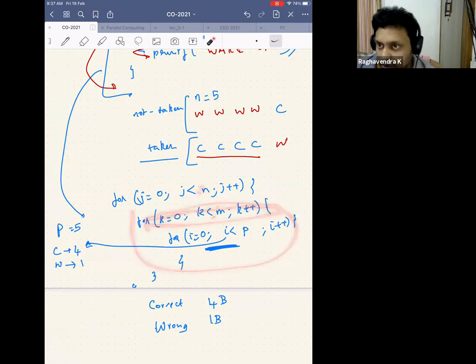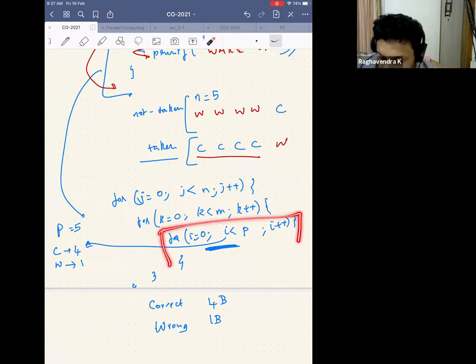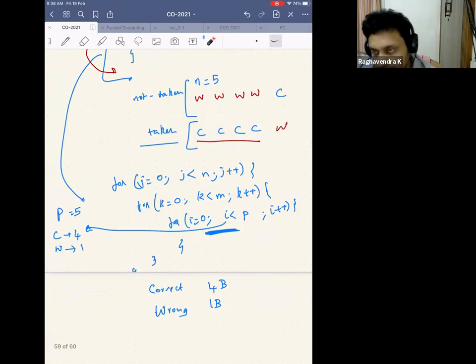I hope you know why this is true. Let's say m into n is 1 billion. Then I am doing correct predictions 4 billion times and wrong predictions 1 billion times.